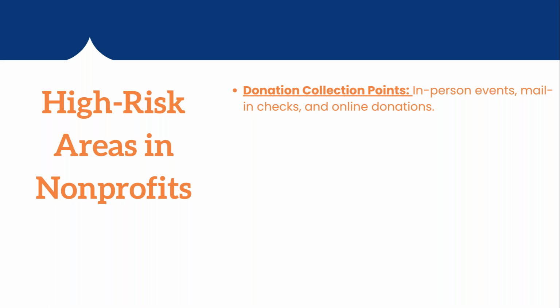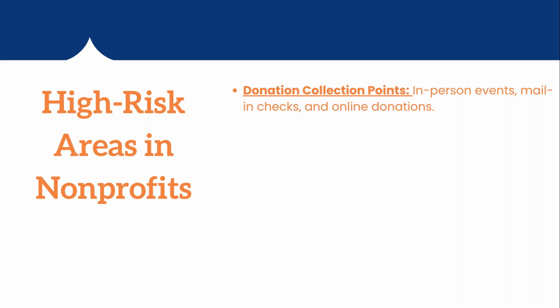Donation collection points. In-person events. Is there a two-buddy system when the money is handed off? Is there a check system in place to make sure that the $50 that was handed to you in cash was recorded? Was it put in the drawer?